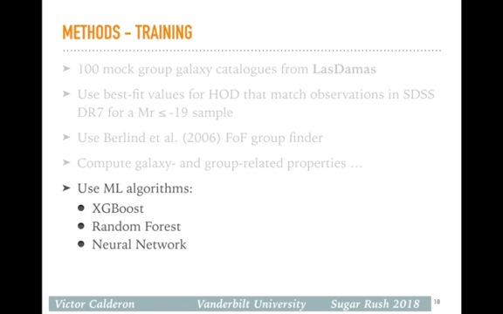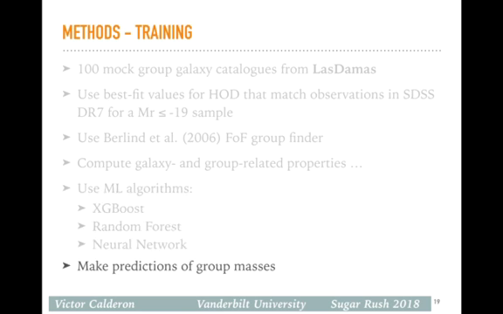XGBoost is similar to a gradient descent algorithm. Random forest is a compilation of decision trees, and neural network is a set of hidden layers that try to determine the mapping of the different features. And the last step is we make predictions of group masses using these trained machine learning algorithms.